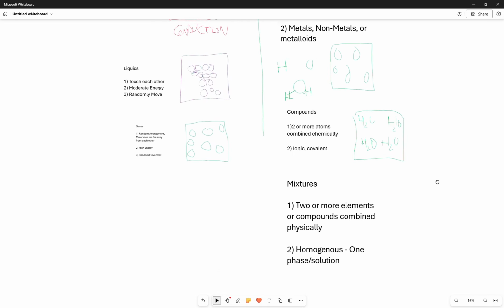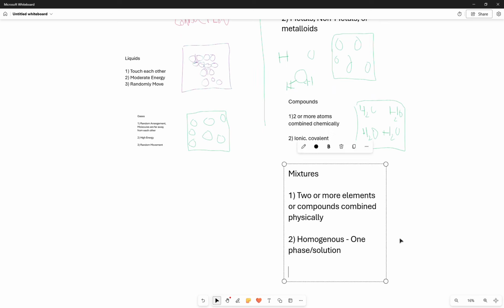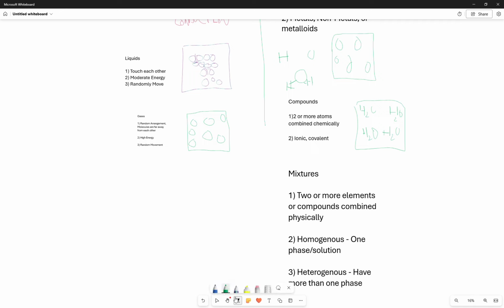However, there's one more, which is heterogeneous mixtures, which have more than one phase. So homogeneous is uniform, whereas heterogeneous is non-uniform. For example, sand and water. Sand deposits at the bottom of water, and you can see a layer of sand and a layer of water.